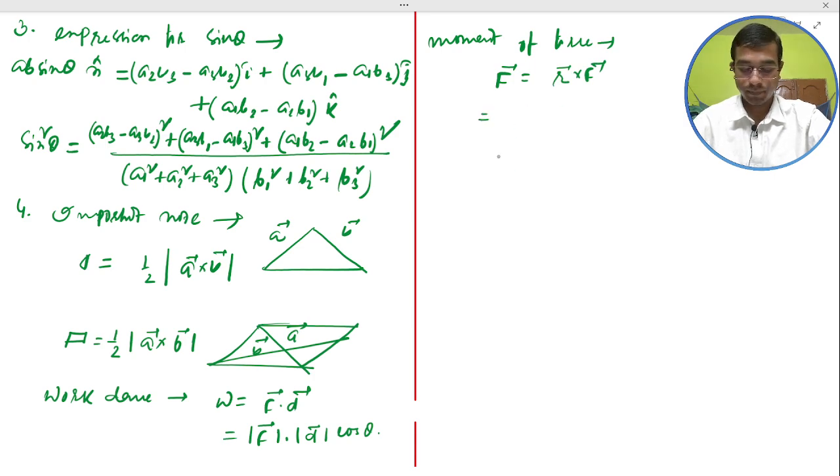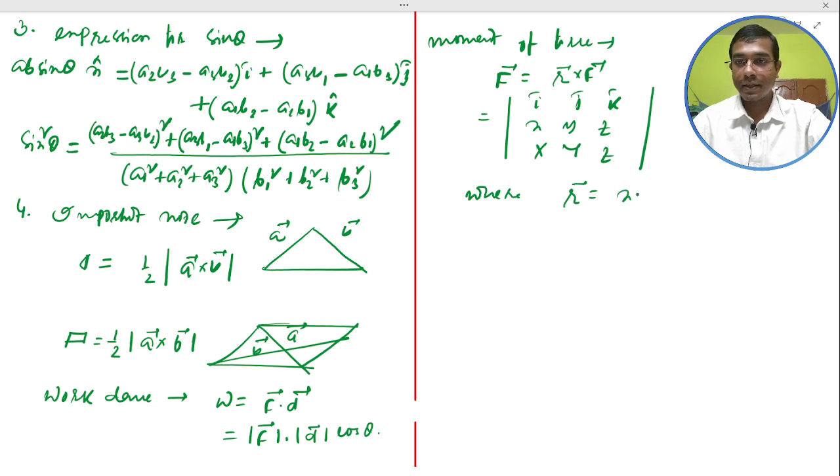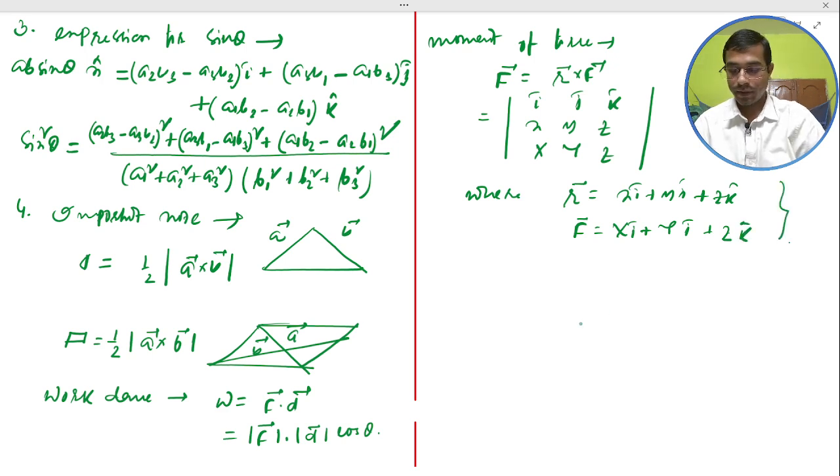Basically it is the determinant of i, j, k, x, y, z, capital X, capital Y, capital Z, where the r vector is xi plus yj plus zk, and the F is capital Xi plus capital Yj plus capital Zk. This is the moment of force.